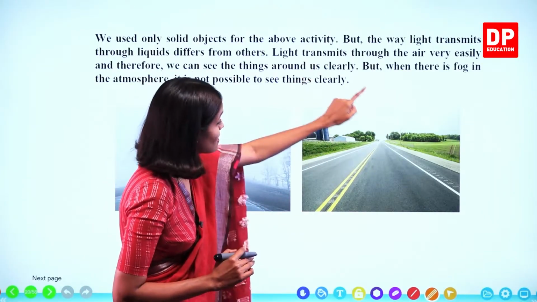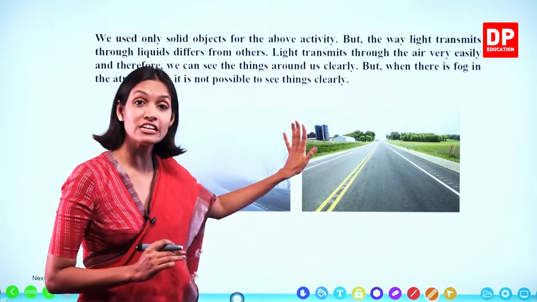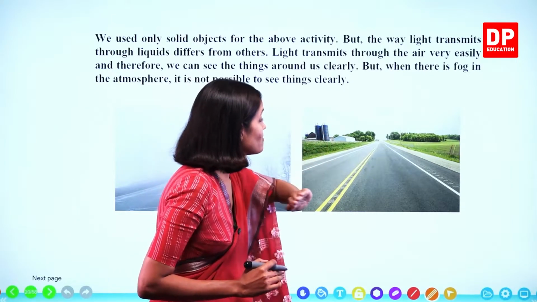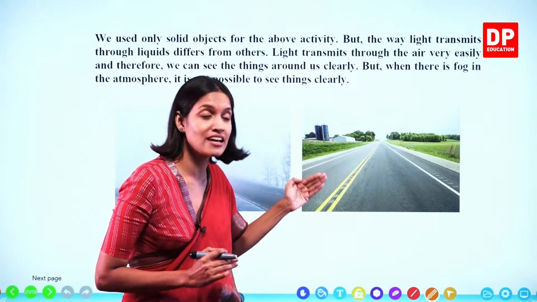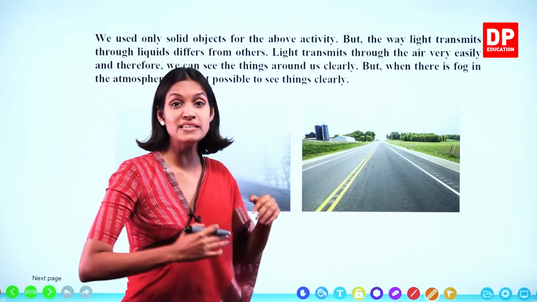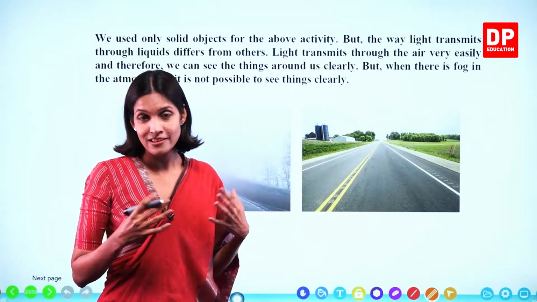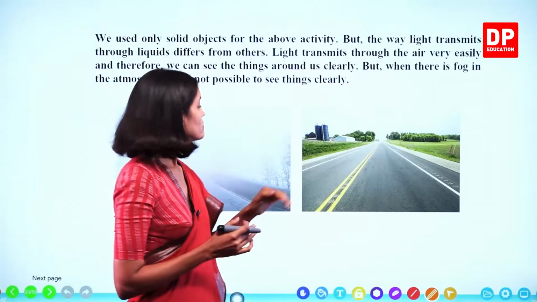That's why you can see the road also clearly, right? All this environment is very clear, right? That is because light travels through air very clearly. Very easily light passes through air. It means air lets light pass through it very easily. Okay, children, that is why this environment is very clear.